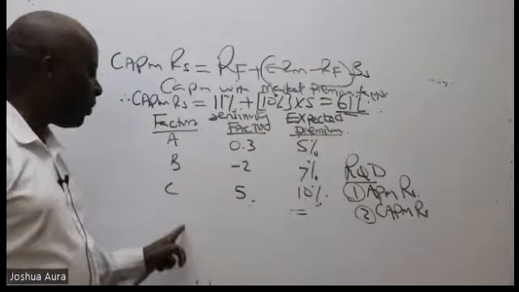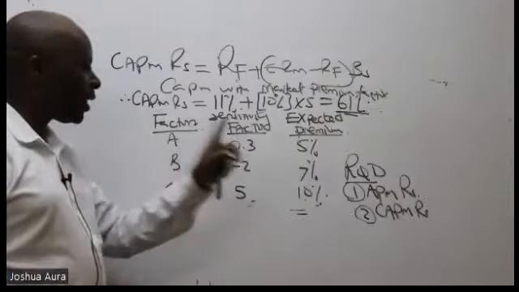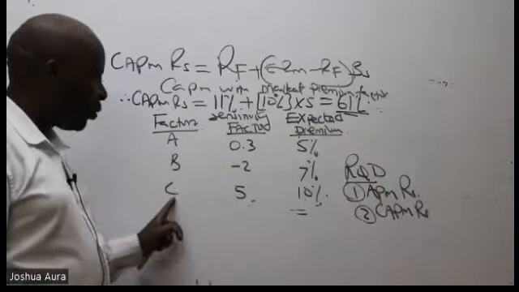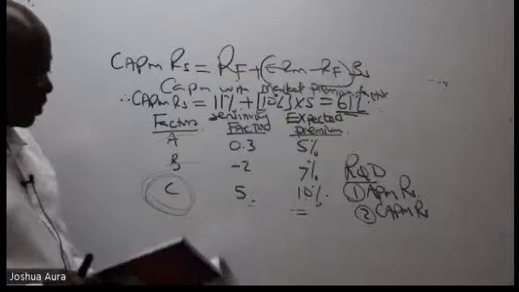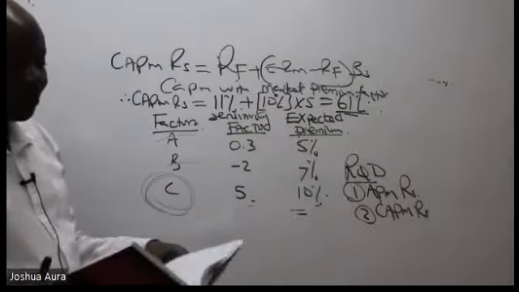Remember, we had A, the size factor. B was the foreign exchange factor. And C was what here? The market premium factor. So CAPM cannot make use of any size factor or foreign exchange factor. It can only use the market premium factor. I hope at least that helps you, however small. That's what we brought here, the market premium factor for CAPM.